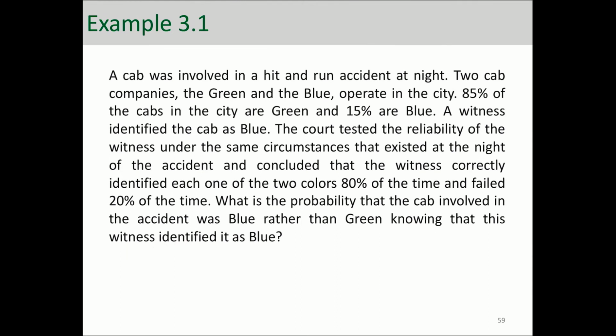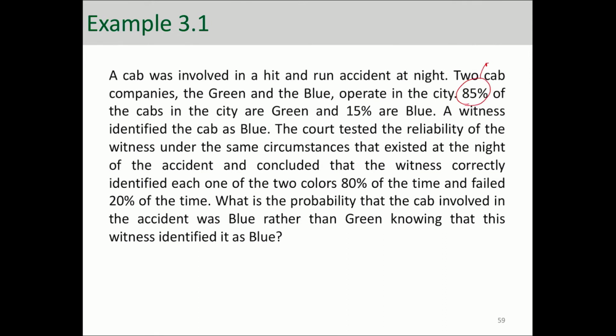So you might need to read this a couple more times and write down the given information. And what I recommend here is you start with these given numbers and try to write them as probability notations, right? So just to give you a head start, 85% of the cabs are green.